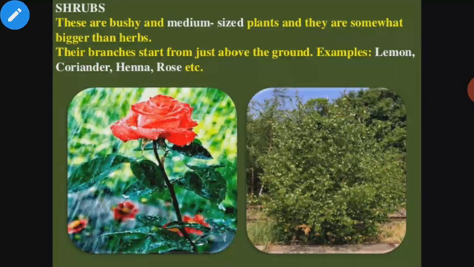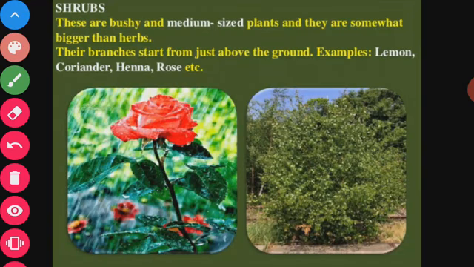Shrubs. These are bushy and medium-sized plants. They are somewhat bigger than herbs, like the rose plant and lemon.